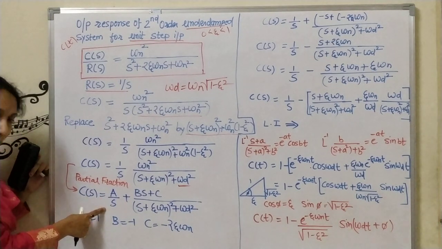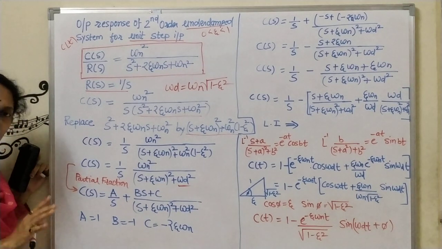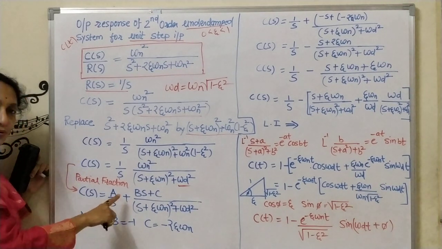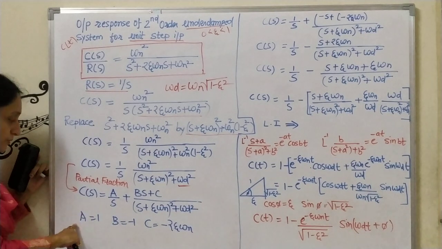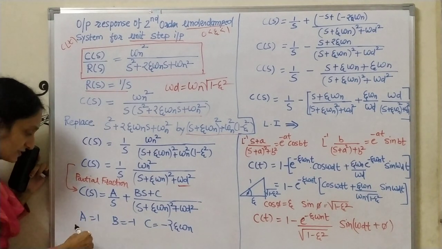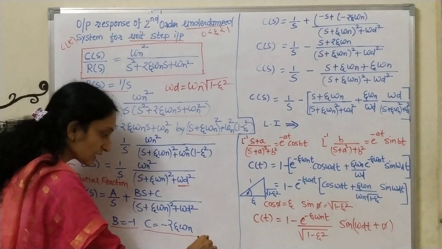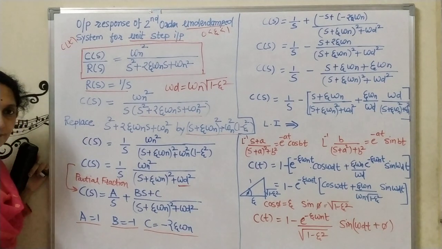Here I have not shown any calculation because you know how to calculate the values of constants from partial fraction form. After calculating we got the answer: A is equal to 1, B is equal to minus 1, C is equal to minus 2 zeta omega n.